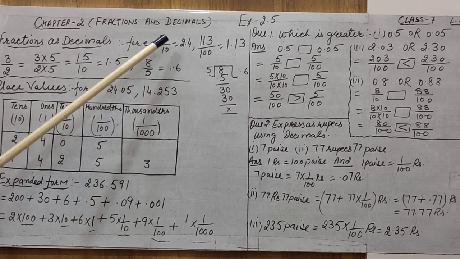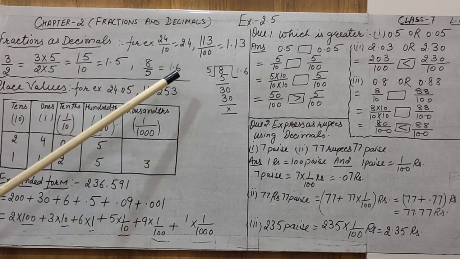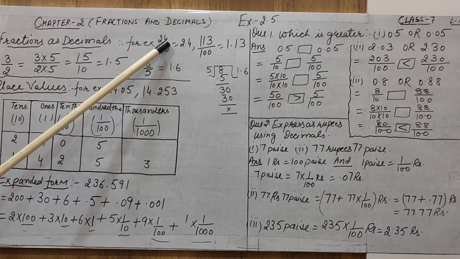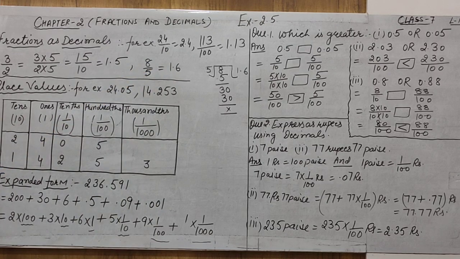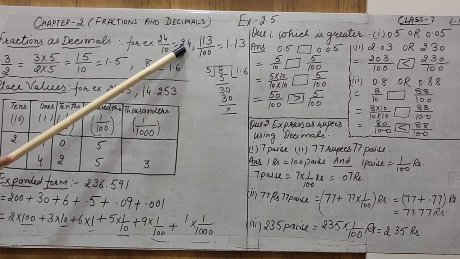So I have to leave only the 4 at the one place, 4 from the left hand side, and put the decimal in place of the 1. You must understand that when we change fractions into decimals, we have to put the decimal sign.